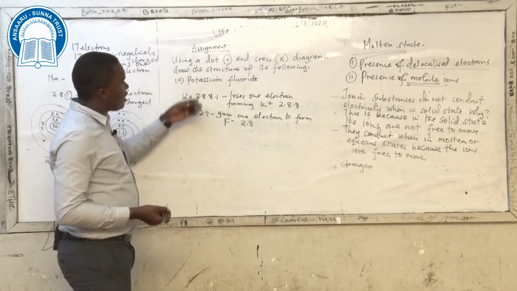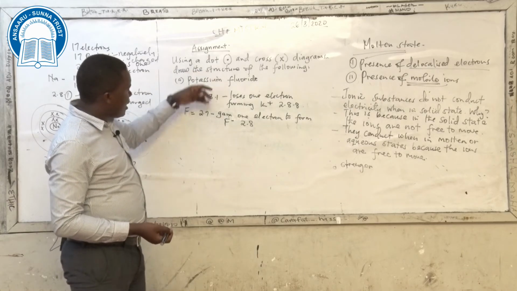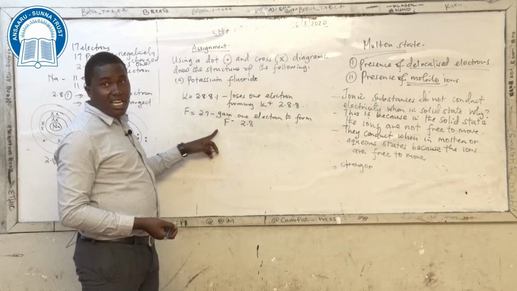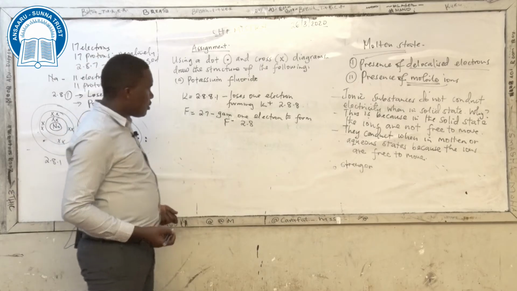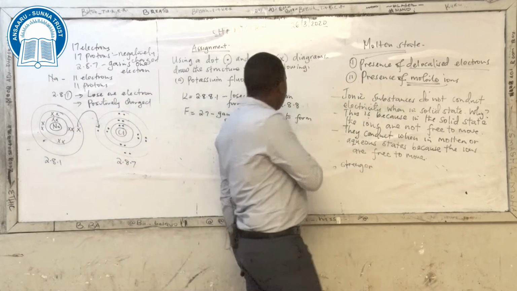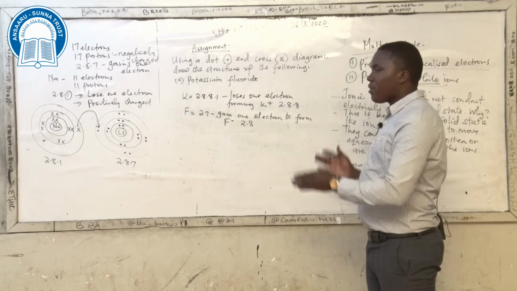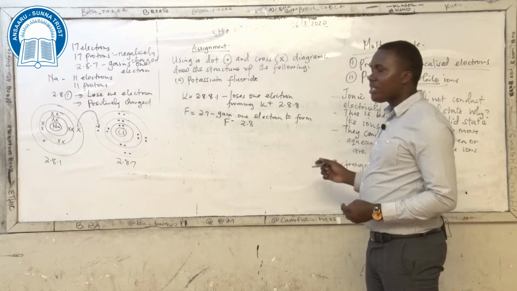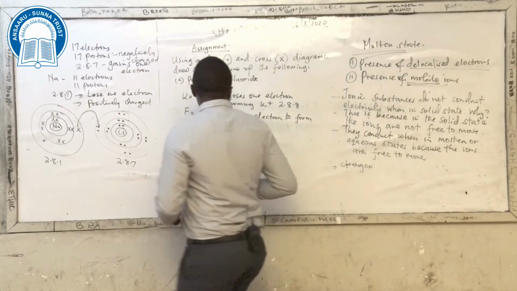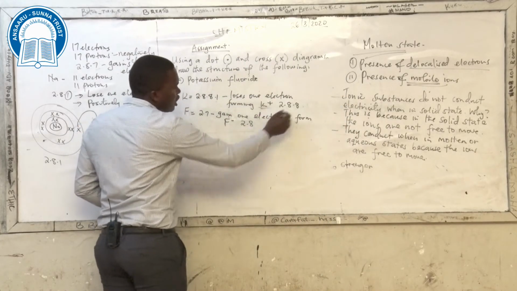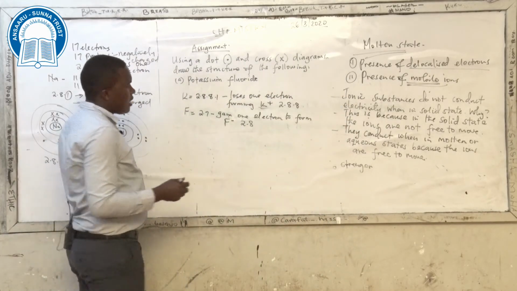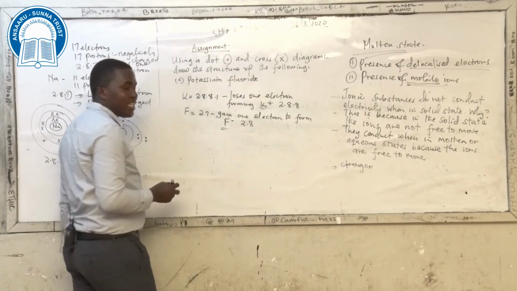Because you know the electron will come from the potassium atom and the same electron will be gained by the fluorine atom. In an examination, like the assignment I give you, you just need to draw the overall structure. You don't need to show where the electrons are coming from or where they are going. So you just draw the potassium ion with 2,8,8 and the fluoride ion with 2,8.